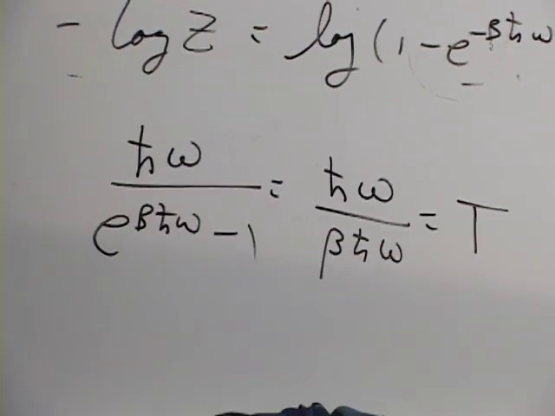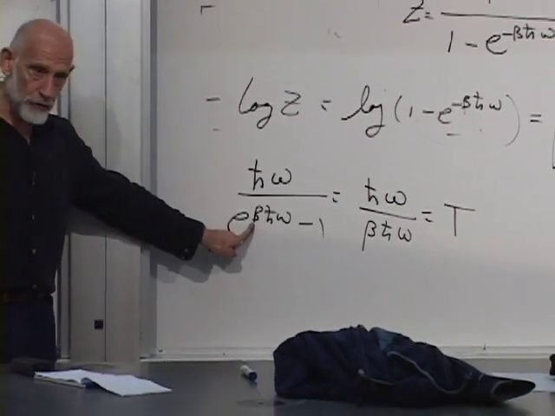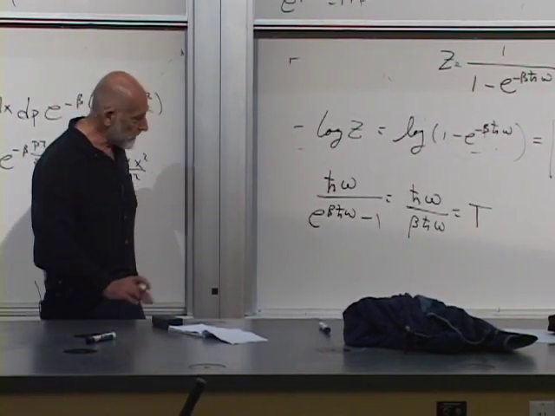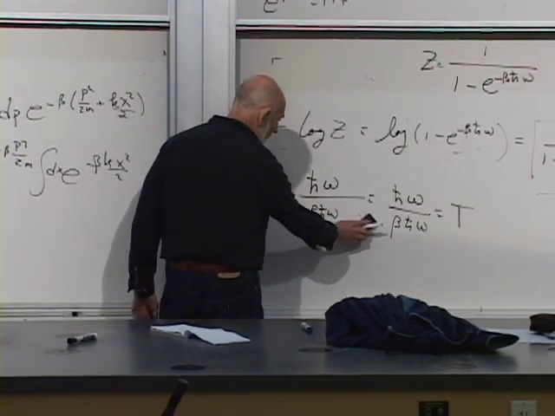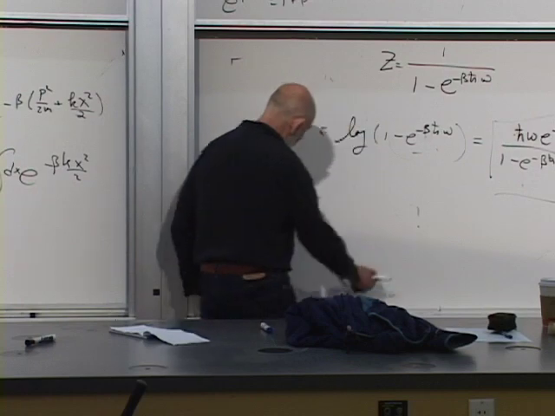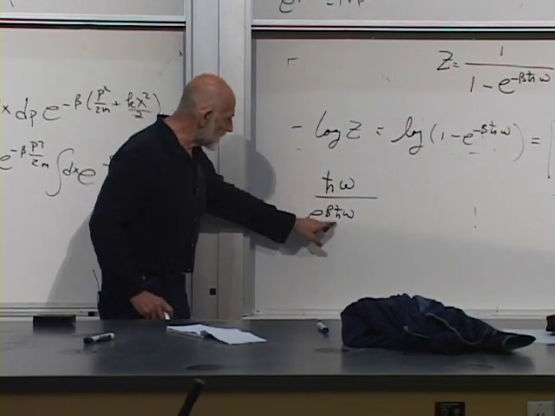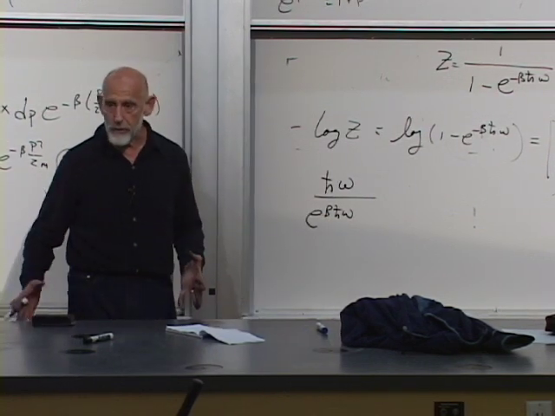But what about low temperatures? At low temperatures, beta is very large. e to the beta h bar omega is very large in general. The 1 can be ignored in that limit. This is now low temperatures. And you can see that the energy in the oscillator is exponentially small. Beta is very large at low temperature.